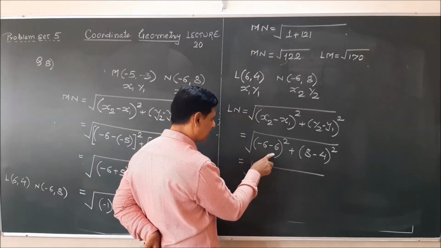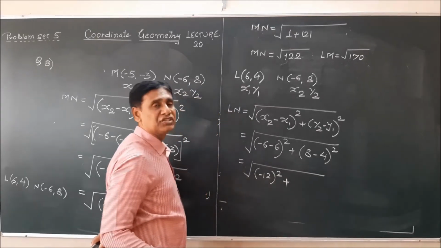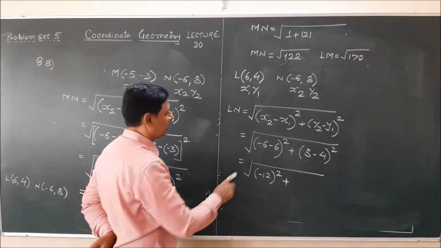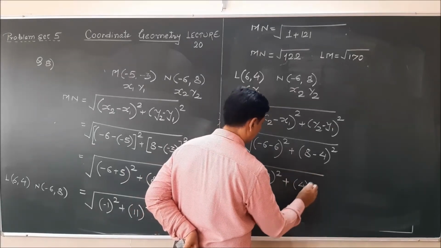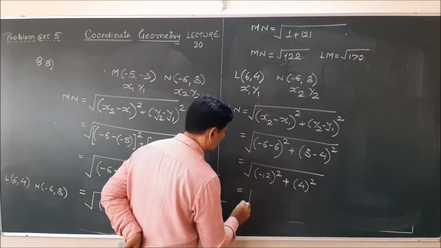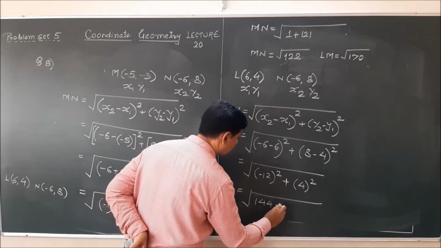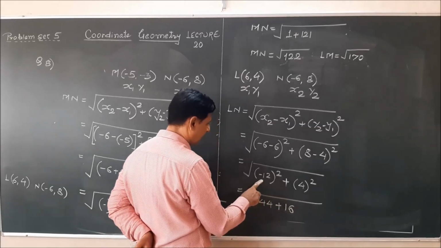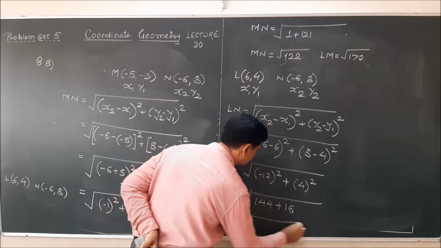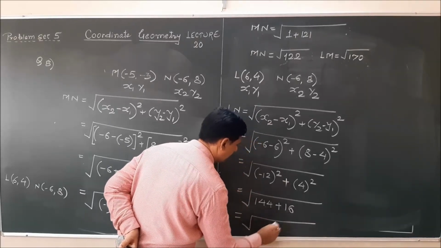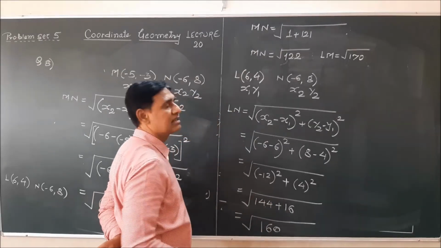That is minus 12 square is 144, 8 minus 4 is 4, so 4 square is 16. So that is equal to 144 plus 16, that is equal to 160.